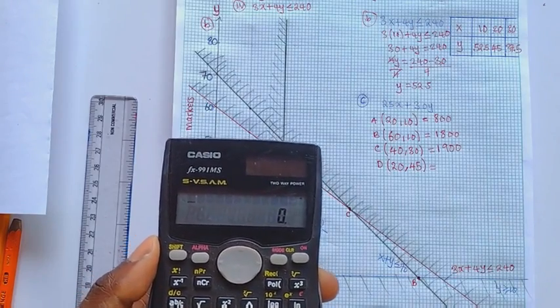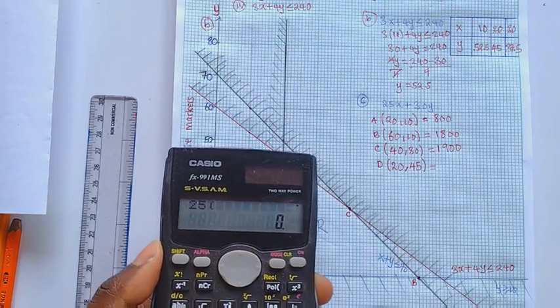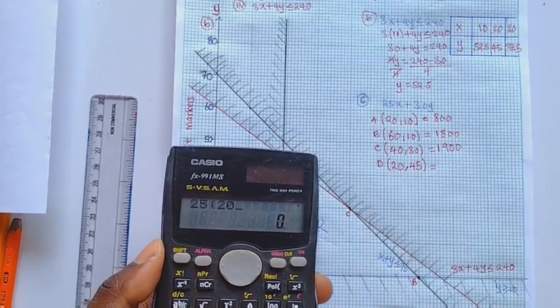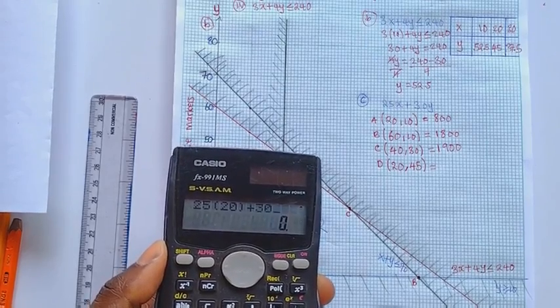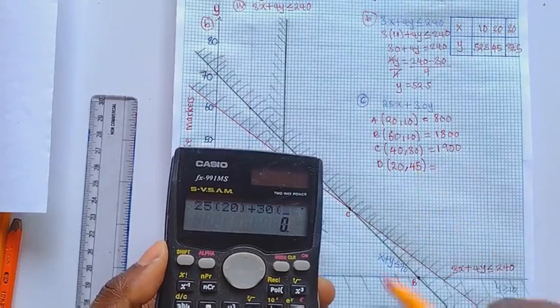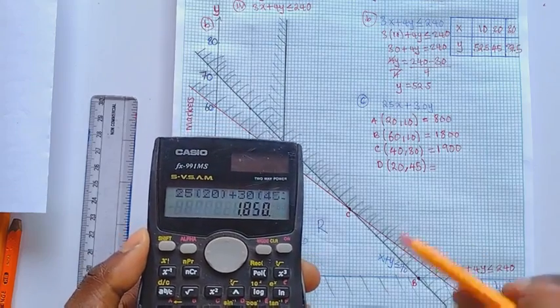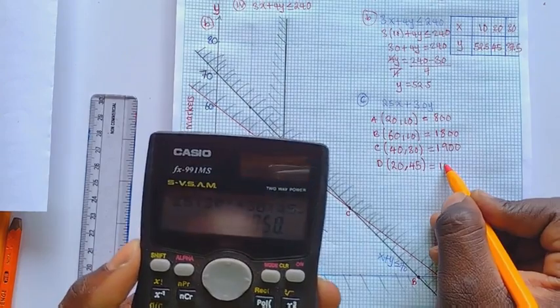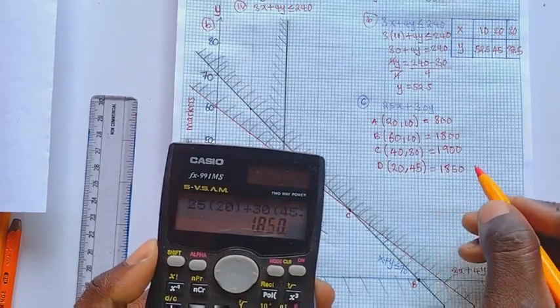You come to the last one where you write 25 open bracket, where there is x we put a 20, cross bracket plus a 30 open bracket, where there is y we put a 45, cross bracket. So this will give us 1850.